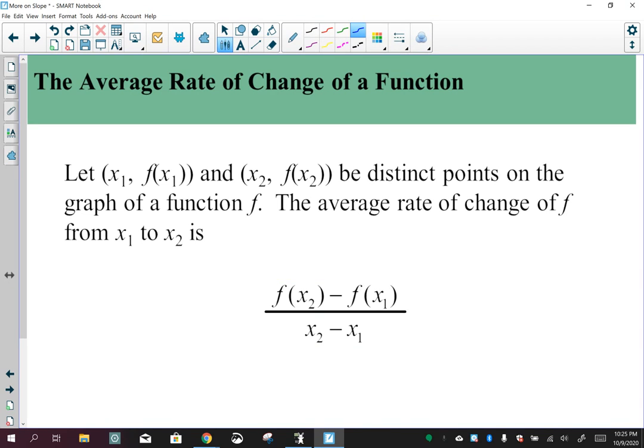That is the same thing as saying the change in y over the change in x. So this is just a different way of looking at it. Usually, though, when they have this, they're going to give you an equation and your x values, and you have to evaluate your y values before you can use this. That's the only difference in this.